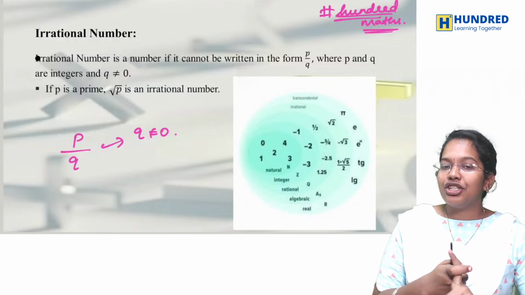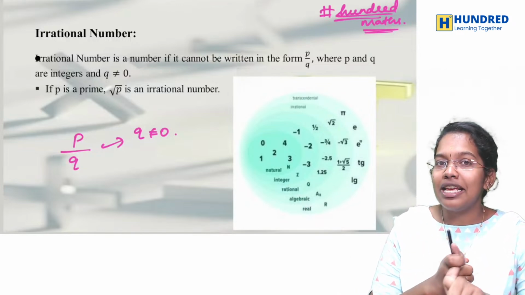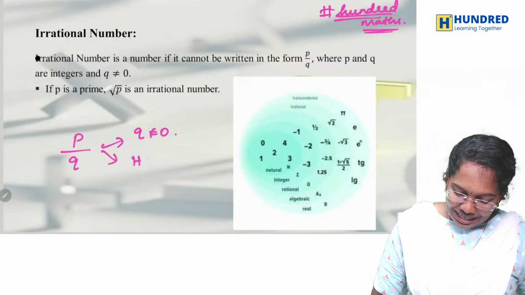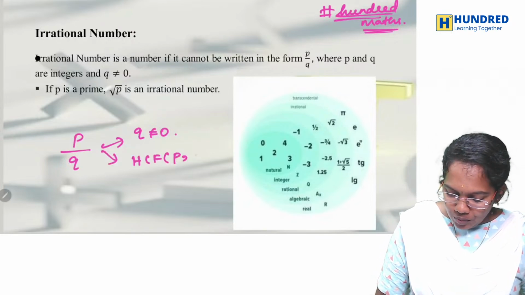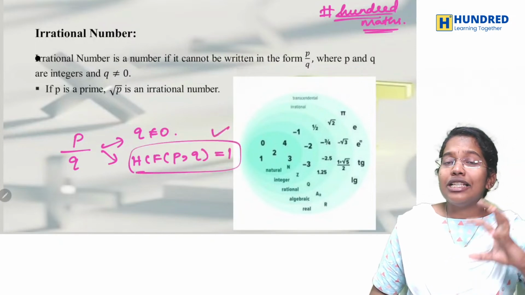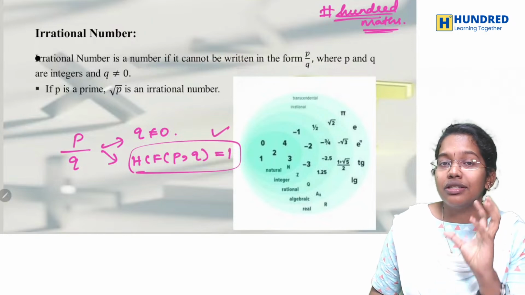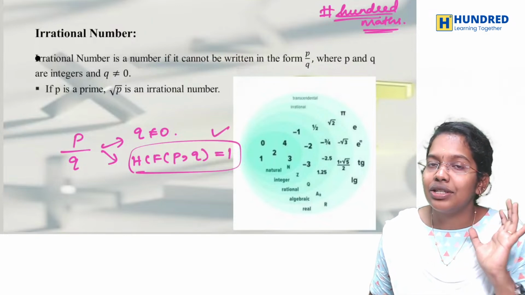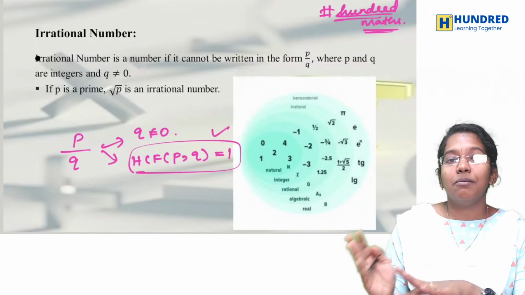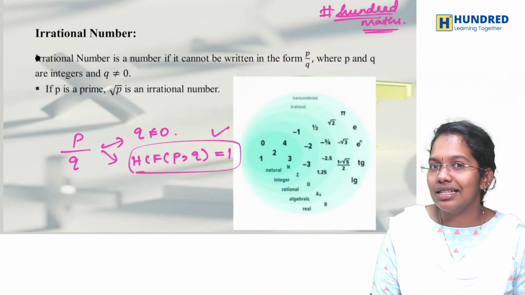So the first condition is q should not be equal to 0. And the second condition is HCF of the numerator and the denominator should be equal to 1. Okay. So these 2 things are the conditions for a number to be a rational number. If these 2 conditions don't hold, then the number automatically becomes an irrational number, right?